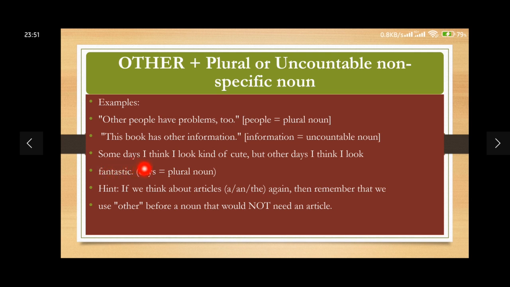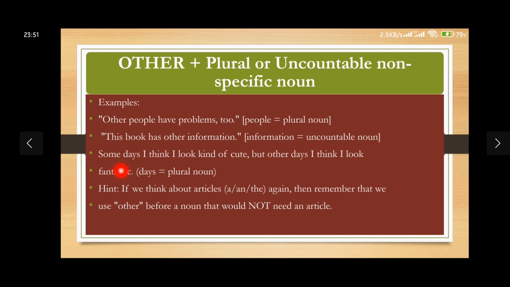Some days I think I look kind of cute, but other days I think I look fantastic. So days, that is a plural noun. As I told you, we use other with plural non-specific nouns. When I say some days, I'm talking about a non-specific countable noun that is plural.